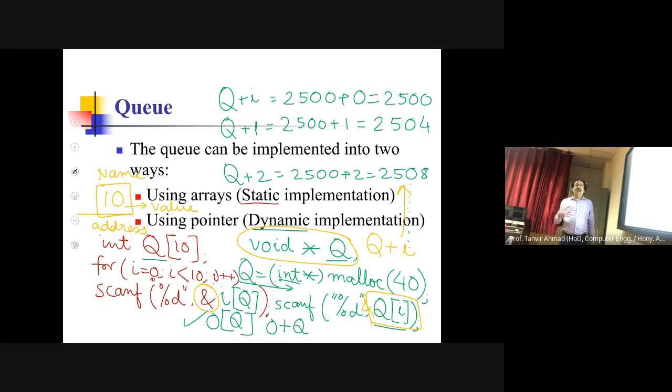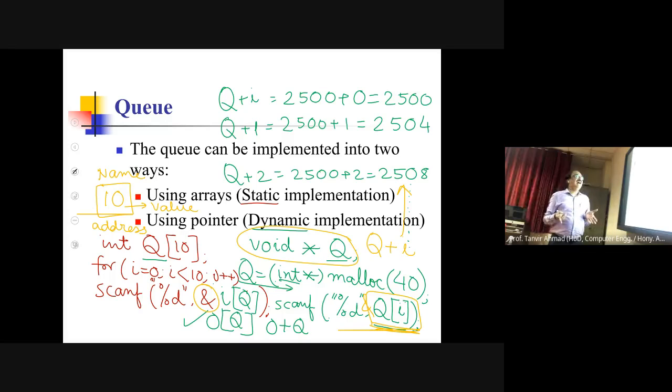When I put q of i, it takes the value. If I use q of i like this, it will give you the value. If I put it without an ampersand, it takes an address. And q is the name of the array.